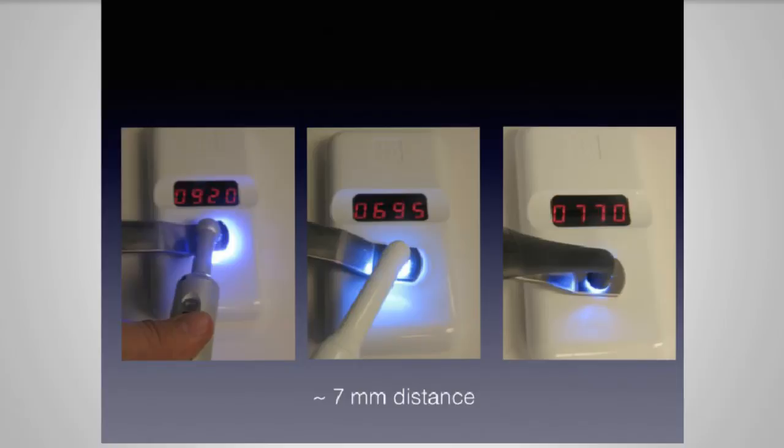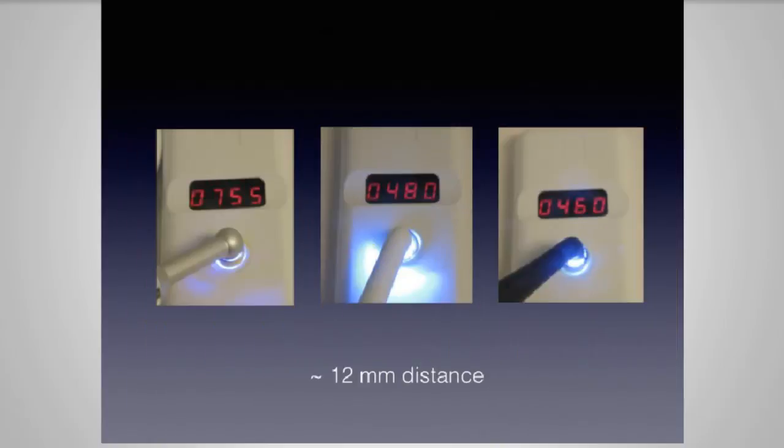You were blaming your composite, or maybe your adhesive system, but maybe it's your light, maybe it's your technique. Because at 12 millimeters distance, which is an absolutely ridiculous length, we lose even more energy. But it is a problem in your deeper preparations and how close to the tooth you hold your light source. So keep this in mind as you go through your days ahead.